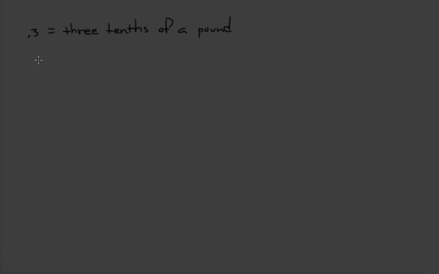Okay, so we go back and we look at it and we see that it is 0.00023. So let's write that out. In order to write this out in words, we need to look at how many numbers there are to the right of this decimal point.